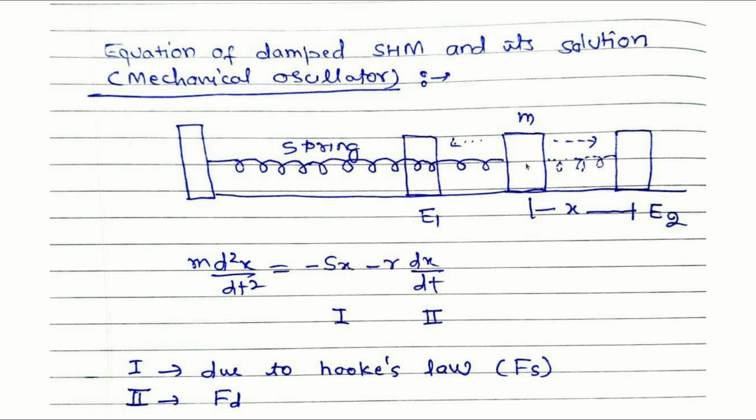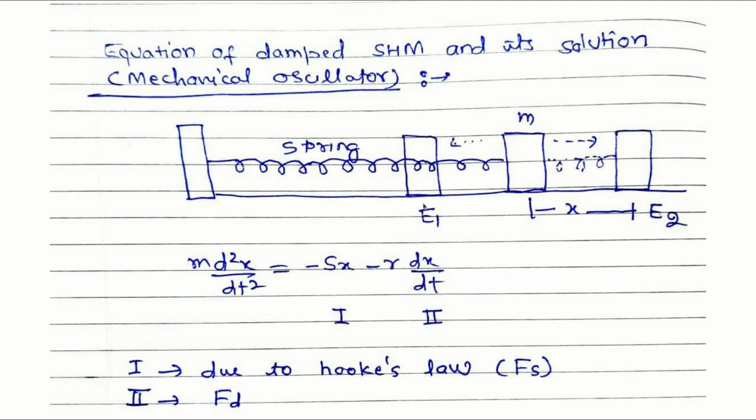One force is the restoring force, which occurs due to the spring. The spring tries to restore the mass from the position E2 to the mean position, and when it reaches the mean position, due to the inertia property the oscillator crosses the mean position and arrives at the other extreme position.